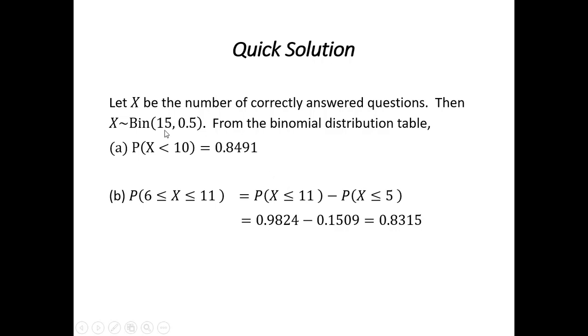Make sure you use n is 15, p is 0.5. So we get 0.9824. And then subtract from this the probability x is less than or equal to 5. So subtract off 0.1509, and we should get right around here, you see 0.8315.